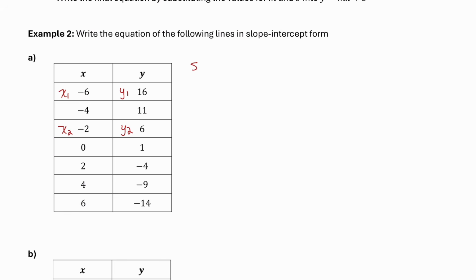And then I can calculate the slope, which we use the letter m to represent, by doing y2 minus y1 over x2 minus x1. So in my formula, y2 minus y1 is 6 minus 16, divided by x2 minus x1 would be -2 minus -6. And that gives me -10 over 4.